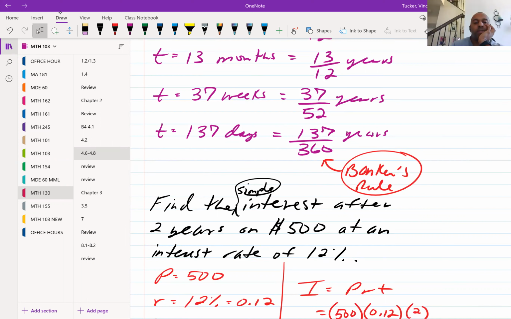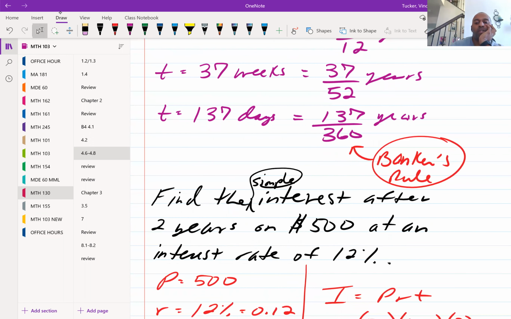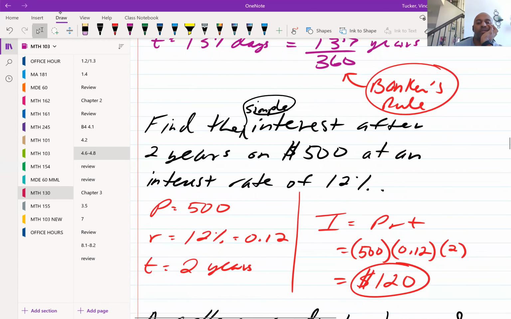All right, so here we want to use that. It says find the simple interest after 2 years on $500 at an interest rate of 12%. So you write down your givens first. P, the principal, your deposit, is 500.